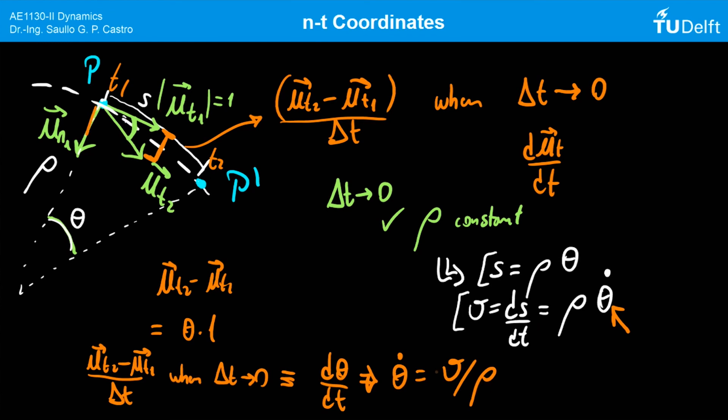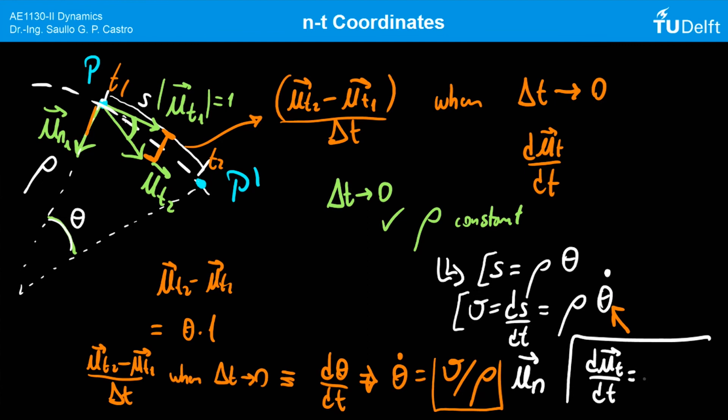So what is the magnitude is described by this value, and the direction will actually be the direction of the normal vector. So in summary, we found that dut dt equals v over ρ at the normal direction. So this is the direction of change of the tangential vector.